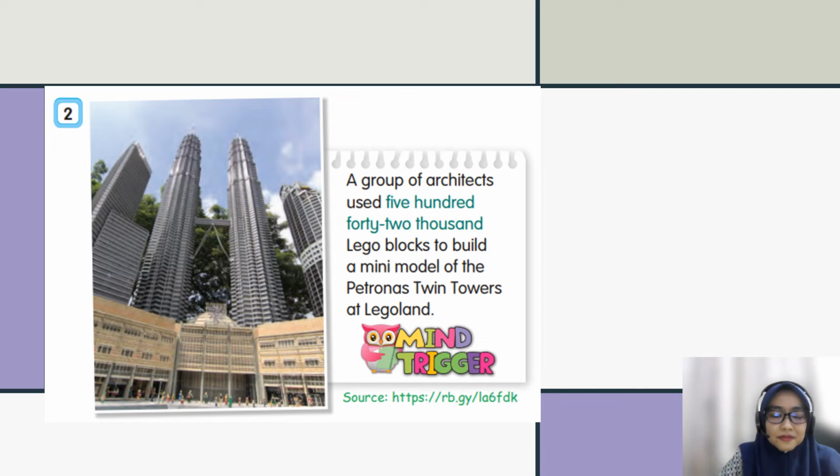Okay, next we look at this. The number given in words. So let's write the number in numerals. A group of architects used 542,000 Lego blocks to build a mini model of the Petronas Twin Towers at Legoland.